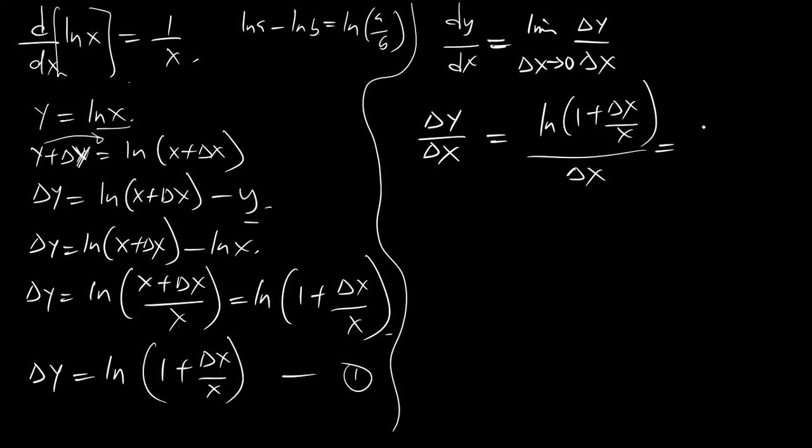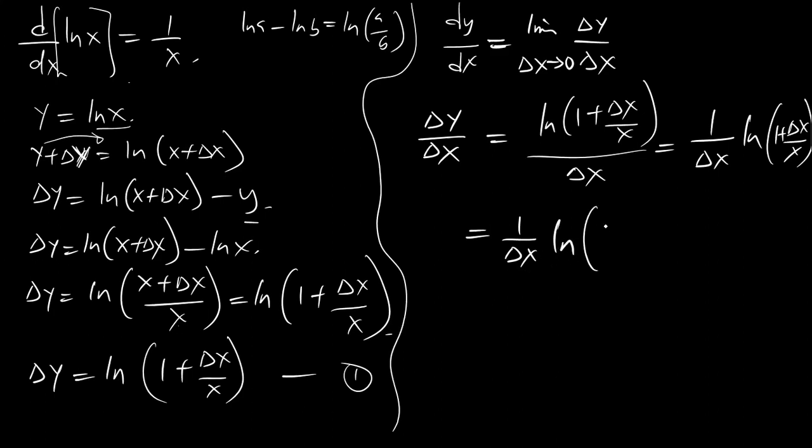This is the same thing as saying 1 all over delta x times ln of 1 plus delta x all over x. So that means we have delta y all over delta x to be 1 all over delta x times ln of 1 plus delta x all over x.